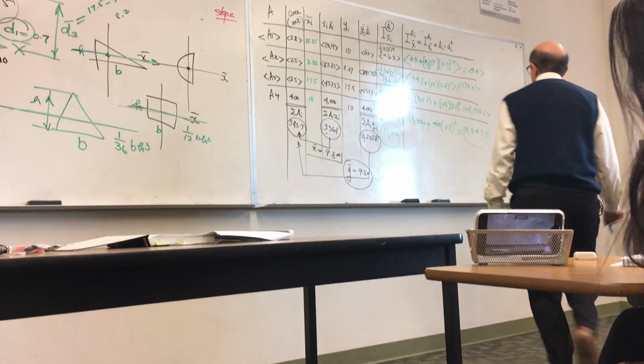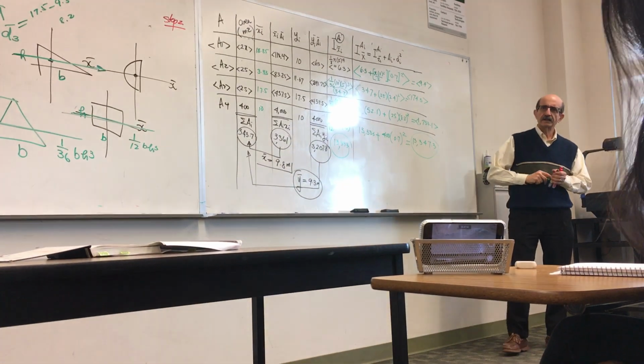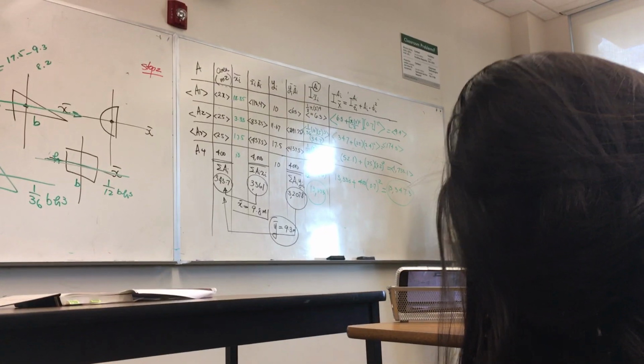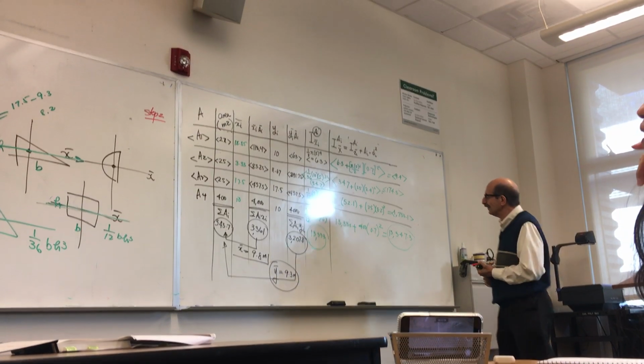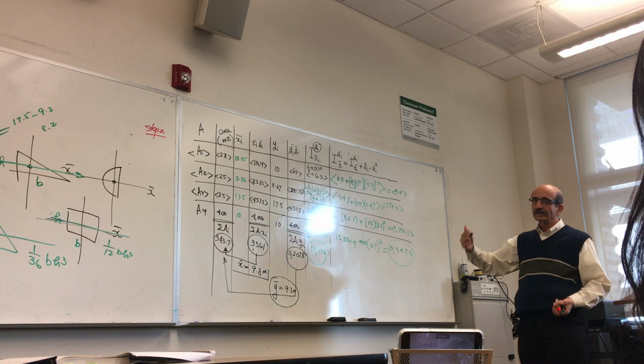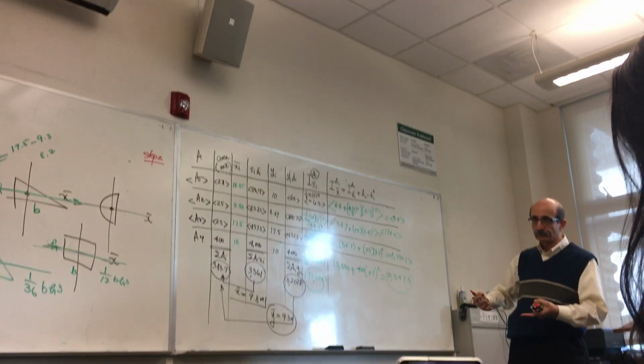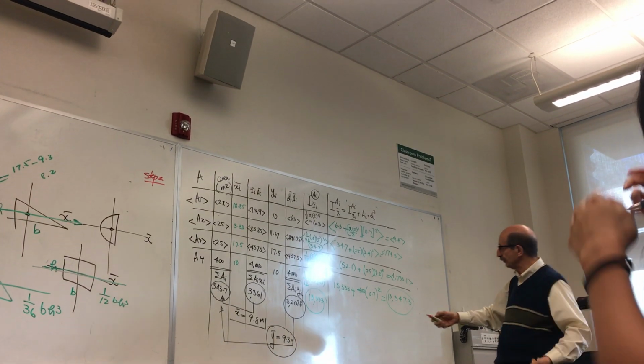Okay, a lot of work. Well, you have to hire an accountant to keep track of all these for you, right? So now you're done. We said moment of inertia of an area with respect to any axis is the sum of the moment of inertia of each subdivision, right?